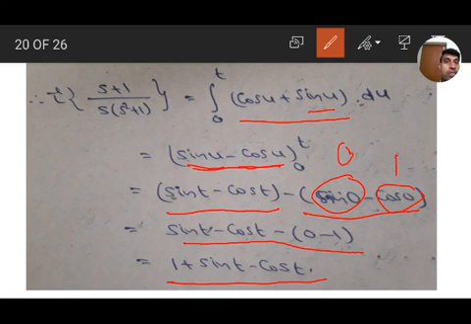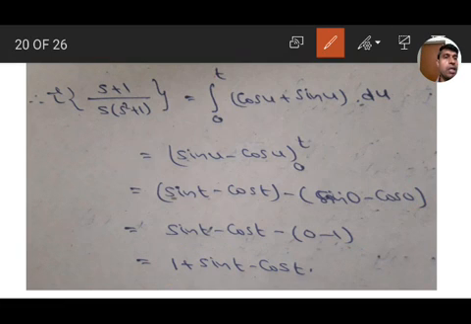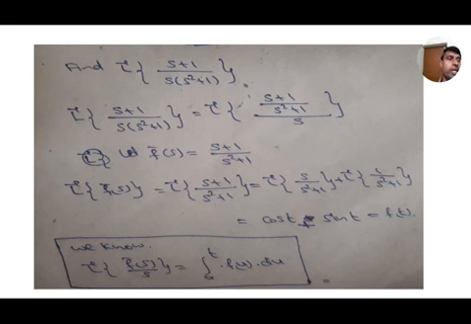It is the inverse Laplace transform of the function L inverse of s plus 1 by s into s square plus 1. It is very simple. We need to take f bar s by s. F bar s is the numerator function, s plus 1 by s square plus 1, divided by here s.